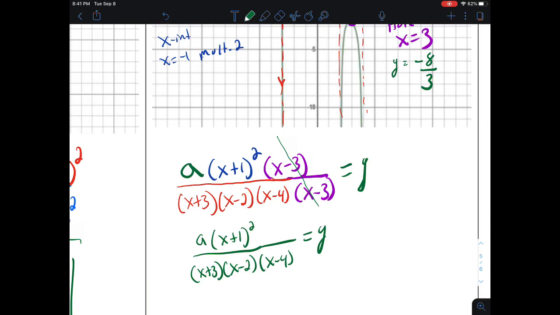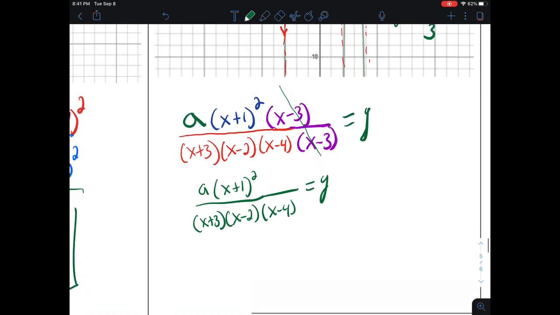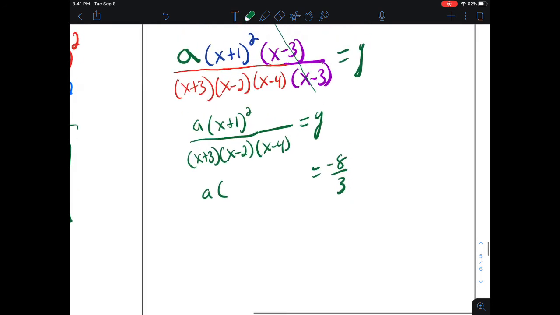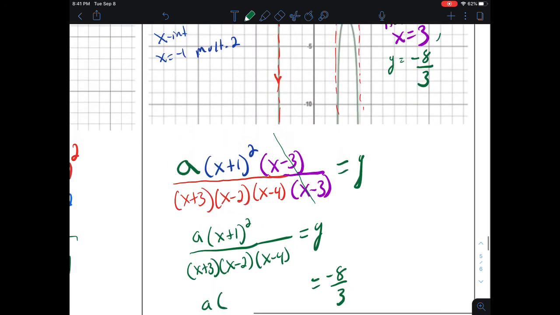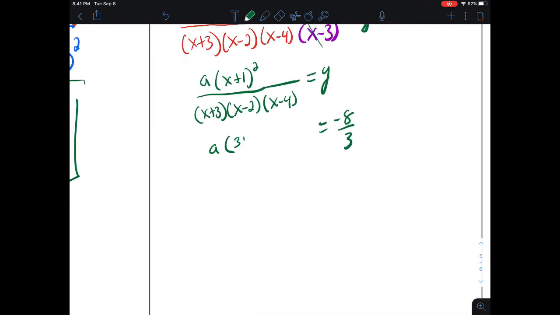Now that we've removed the hole, when we put in 3 for all the x's, we should equal the y value of -8/3. So -8/3 is going to equal a times, putting in the x value of the hole, which is 3, everywhere there's an x, 3 plus 1 squared over 3 plus 3 times 3 minus 2 times 3 minus 4. I'm solving for a.